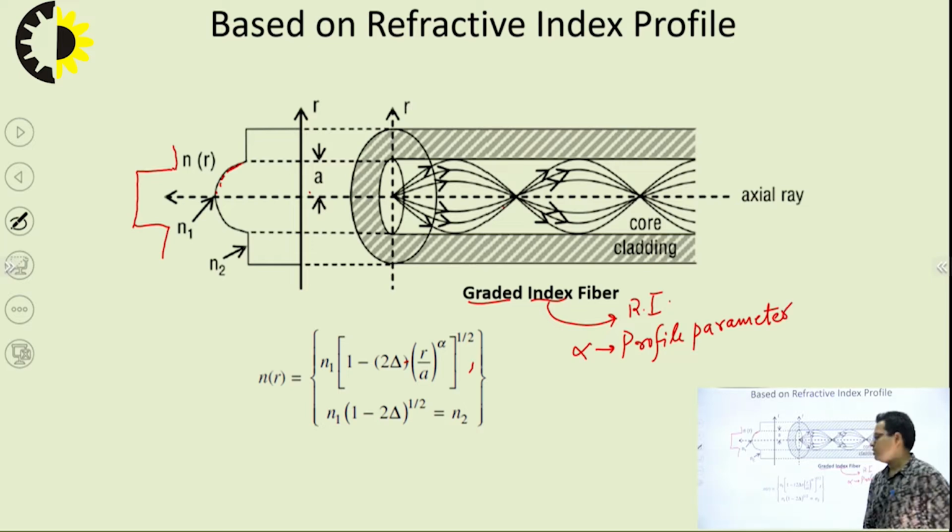This alpha is a profile parameter, and this delta is the relative refractive index variation.